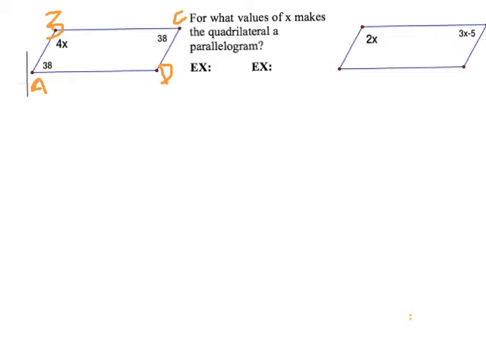So let's check. 4x and 38 are consecutive. They're supplementary, which means they add up to 180. So 38 plus 4x equals 180.